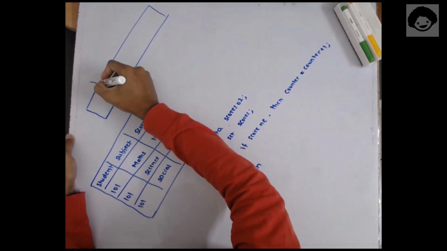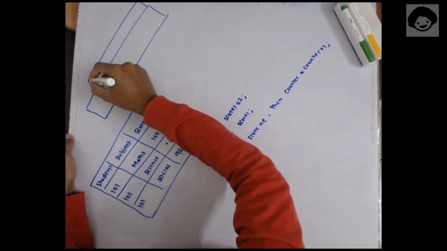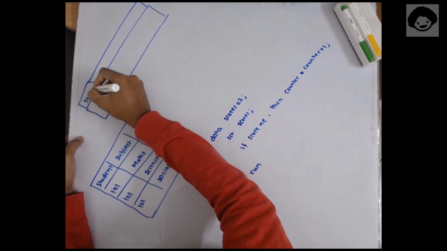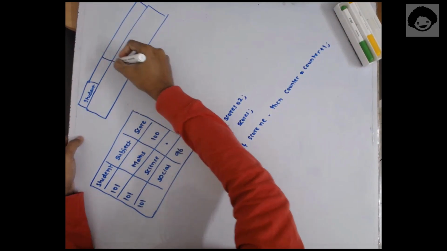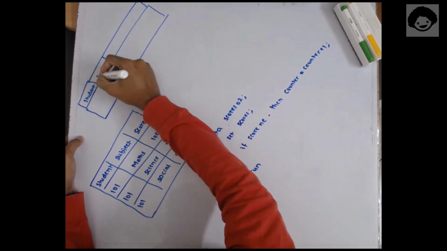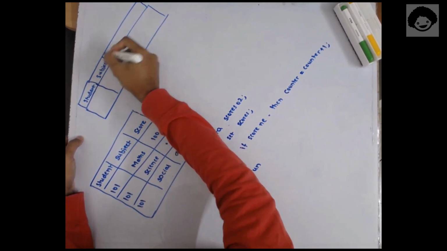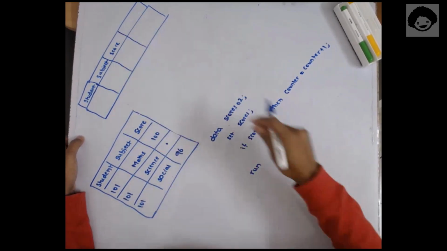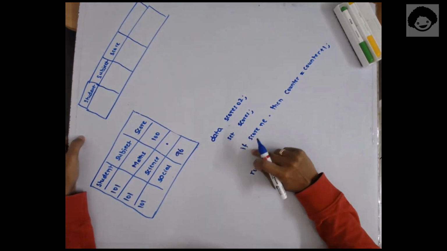So what happens? We have three variables: student, subject, and score. SAS evaluates this in the compilation stage.